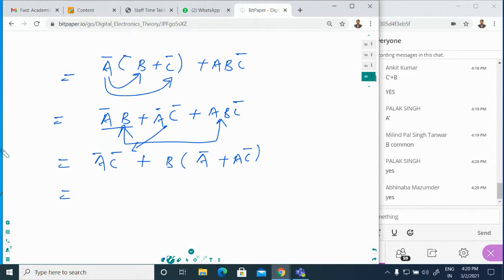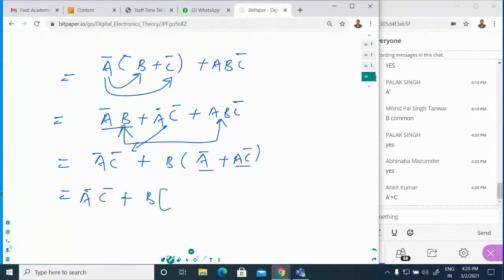Okay, now this A bar C bar plus B, how can you represent it? A bar plus AC bar, A bar plus C bar, yes.